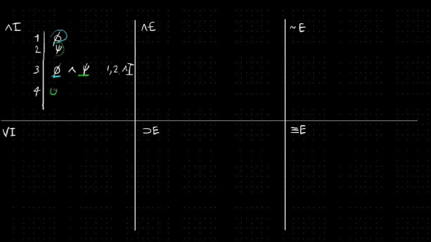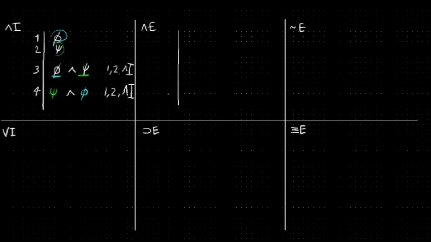So we could have had psi and phi this way round, and we would have cited exactly the same justification, so the same 2 lines and the same rule. And we could have had the formula that comes after phi, so the second formula on our scope bar in numerical order, coming first in our conjunction. This rule allows us to introduce it either way round. Okay.